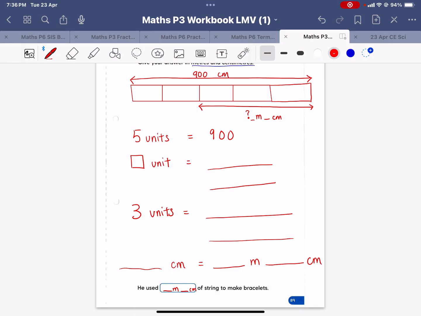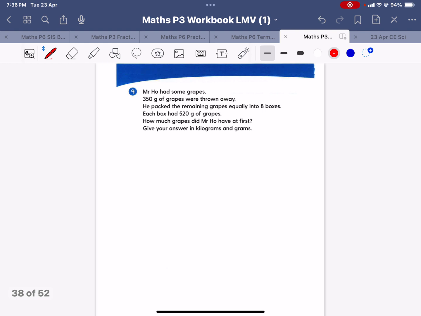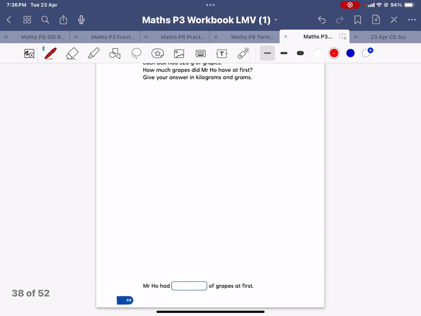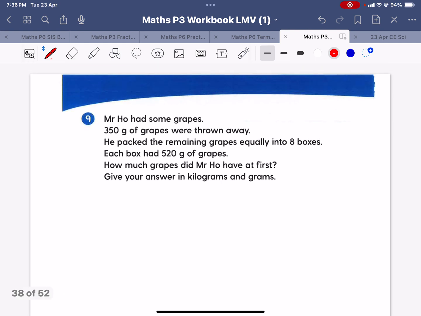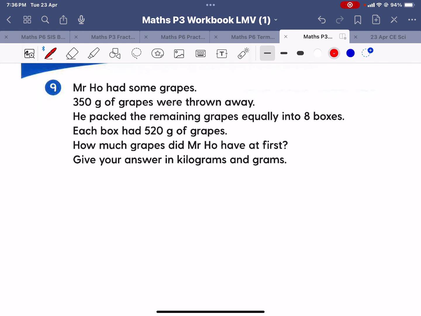Now moving on, we are now going into page 88. This is page 88, and we are at our third question for today. Let's try to aim for 5 questions today, alright? Now this is Mr. Ho.